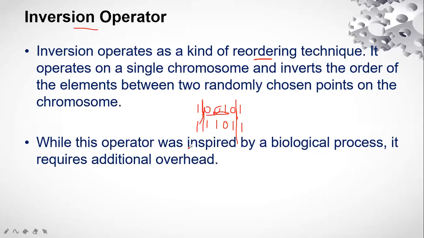While this operator was inspired by a biological process, it requires an additional overhead. This inversion is done because in the biological process there are certain techniques with the help of which the new offspring which are created are unique and different.